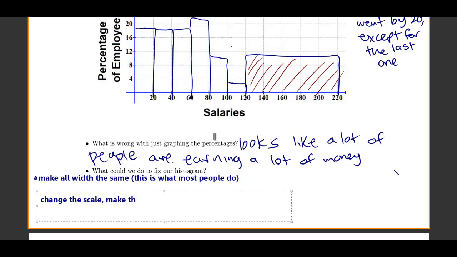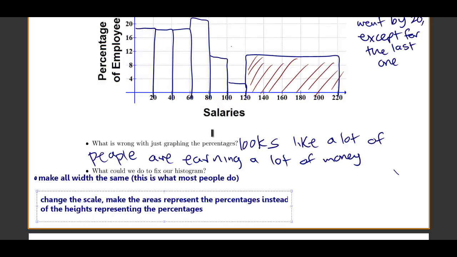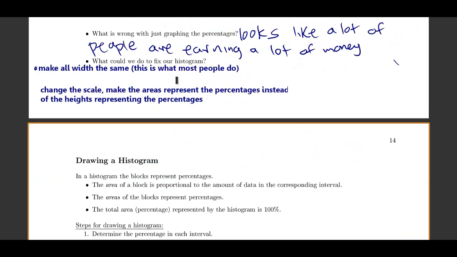So we make the areas represent the percentages instead of the heights representing the percentages. That way everything will be proportional and it will look a lot better to us.